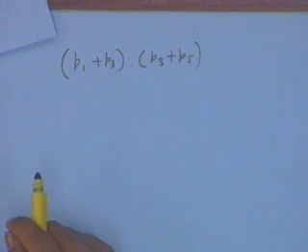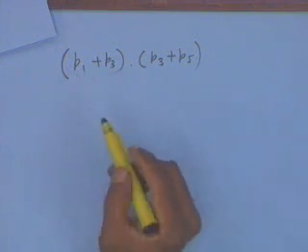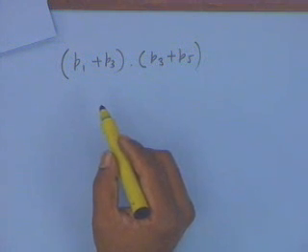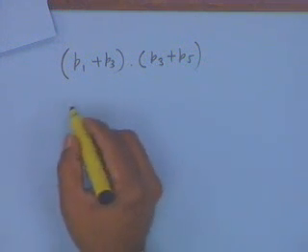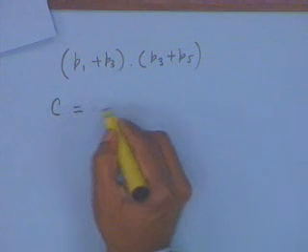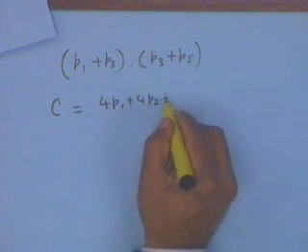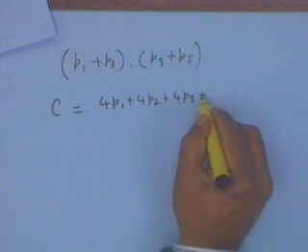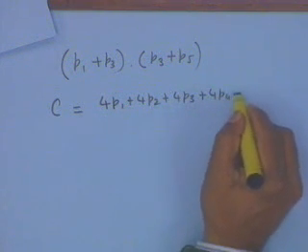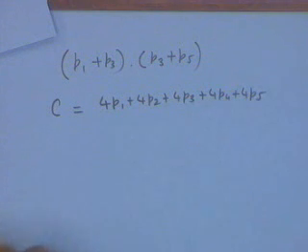If I say in my final expression P1 is present, and what is the cost that I have to minimize? The cost of each one of them.